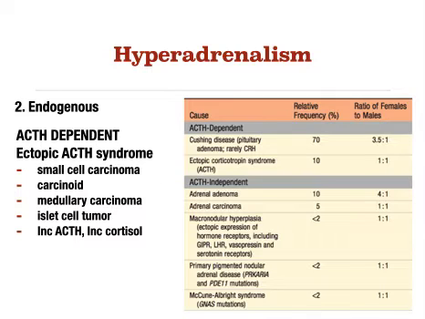What about ACTH dependent ectopic ACTH syndrome? This is less common than your Cushing's disease. It may be caused by a small cell carcinoma of the lungs. You have your carcinoid tumor, and it could also be caused by medullary carcinoma or any of those neuroendocrine tumors that secrete, of course, ACTH.